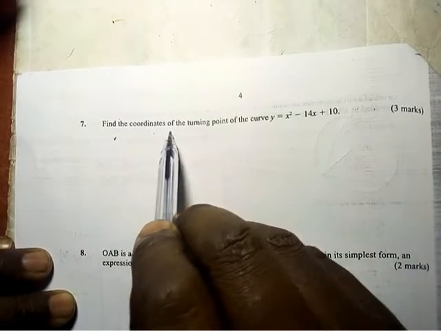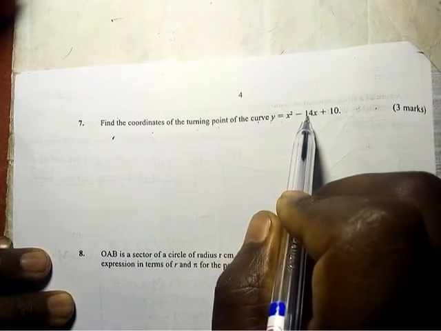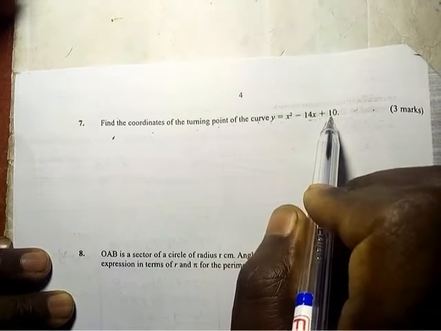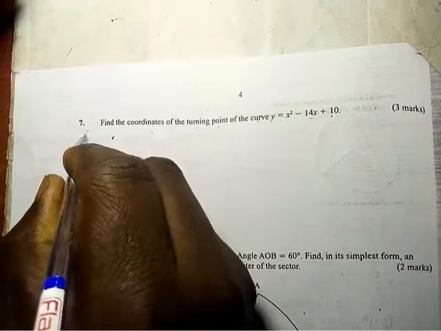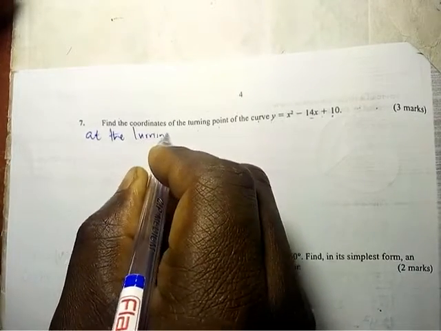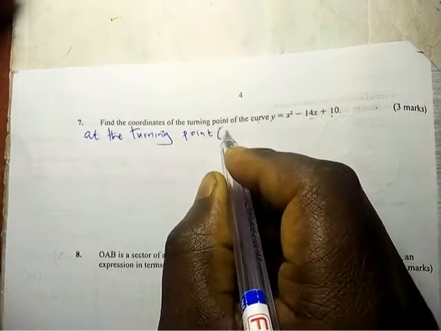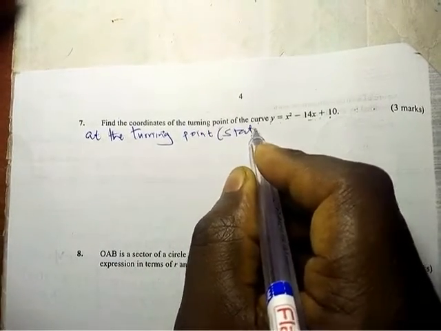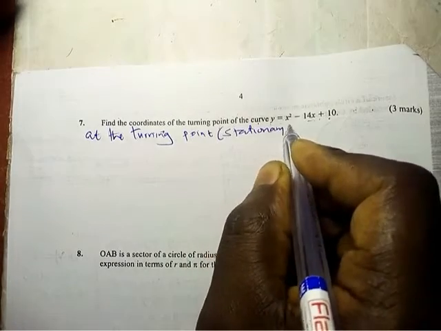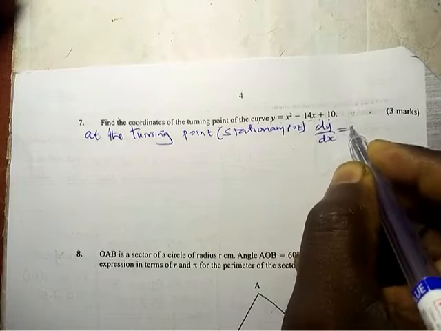Find the coordinates of the turning point of the curve y is equal to x squared minus 14x plus 10. So at the turning point, also called the stationary point, dy over dx equal to 0.